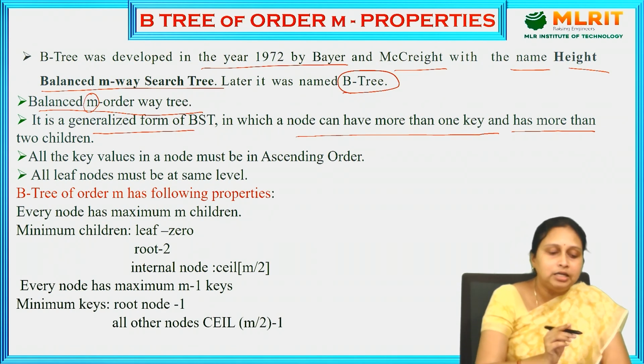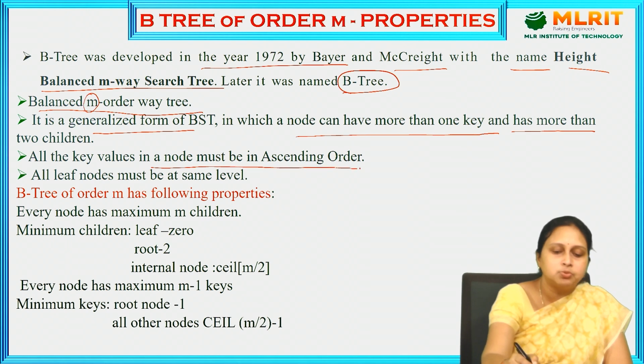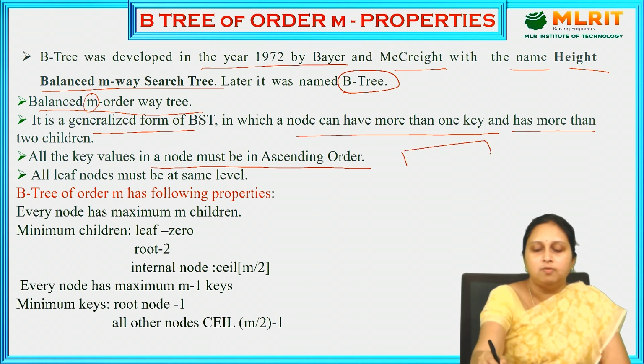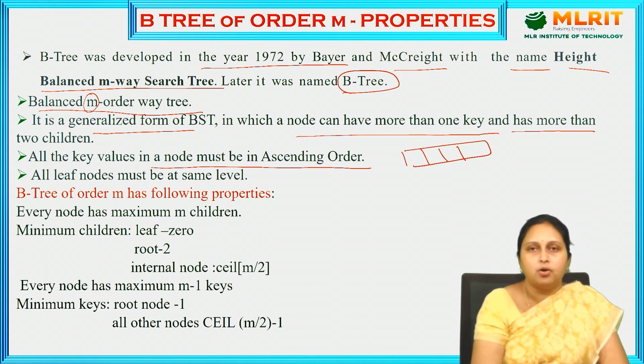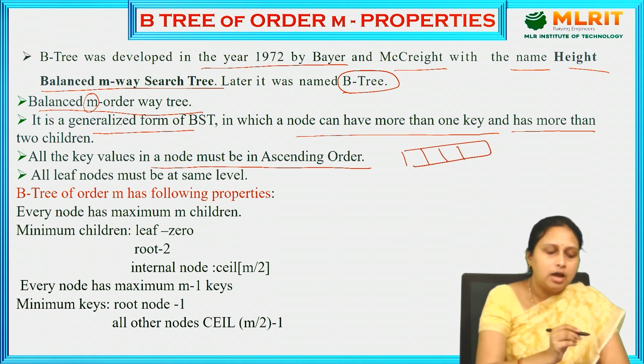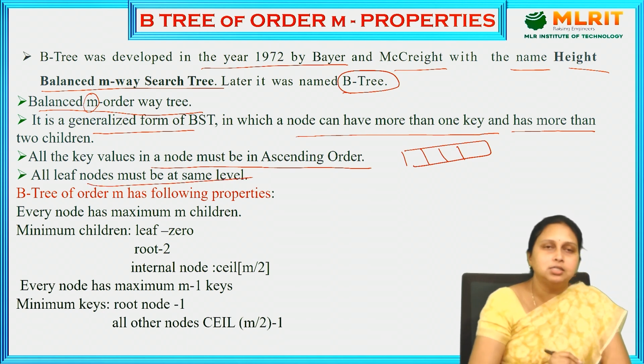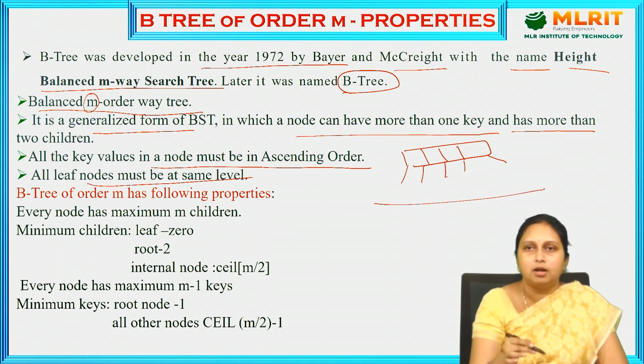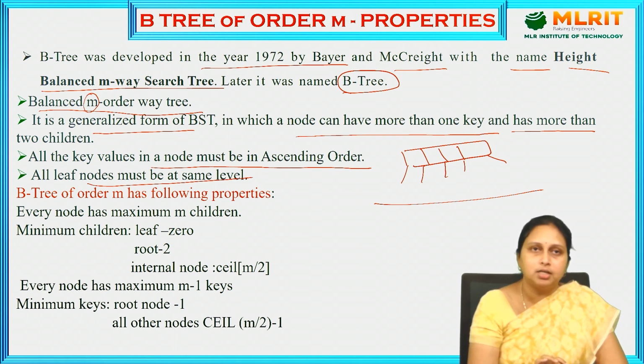And all key values in a node must be in ascending order. Whatever key values we are going to represent, all will be placed in sorted, ascending order only. And all leaf nodes must be at the same level. Whatever leaf nodes you have, all will be at the same level. That may be level 2 or level 1 or level 0 itself, right? All the leaf nodes will be at the same level.